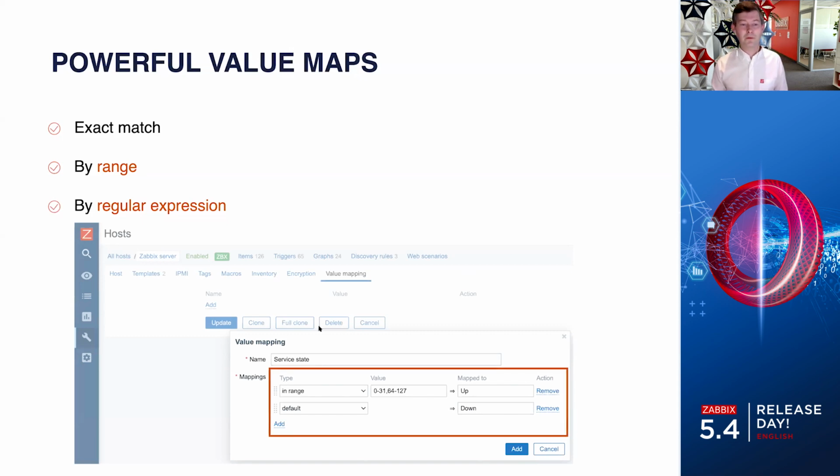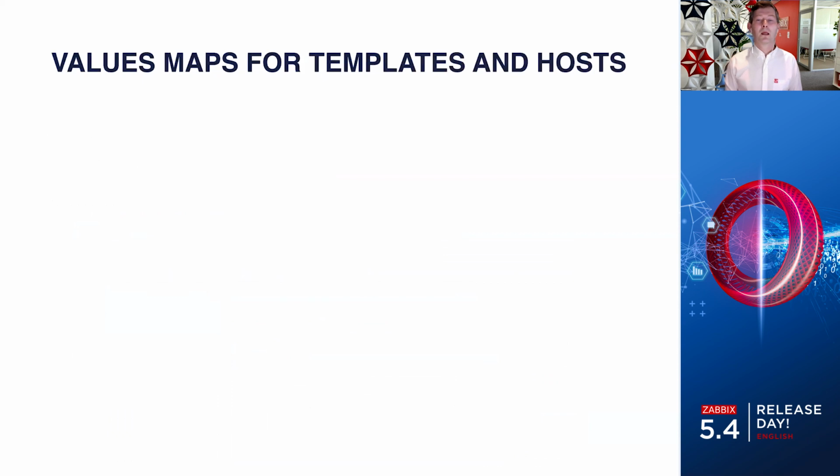So now when you define a value mapping, like a service state in my case, you may specify that if the value is in the range between 0 and 31 or 64 and 127, then it will be mapped to up. And by default, any other value is down. All right, value maps. What else?